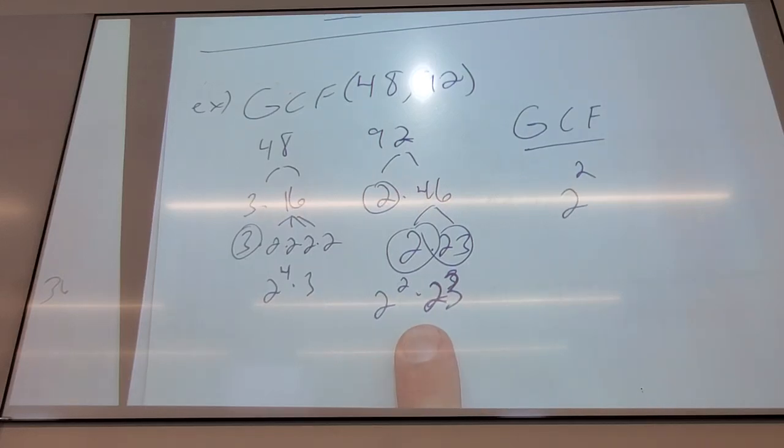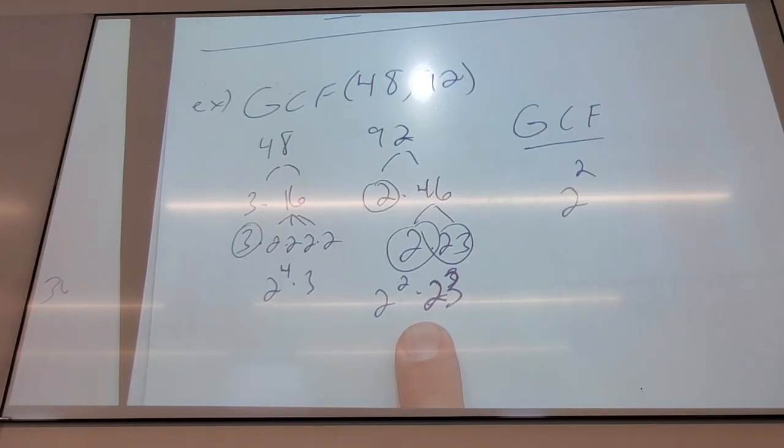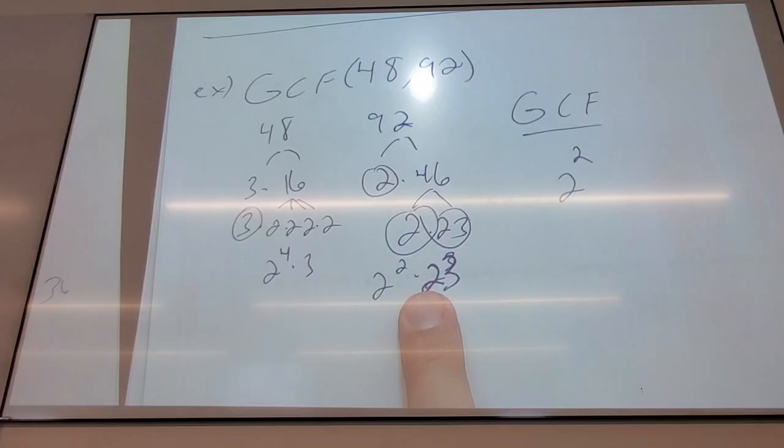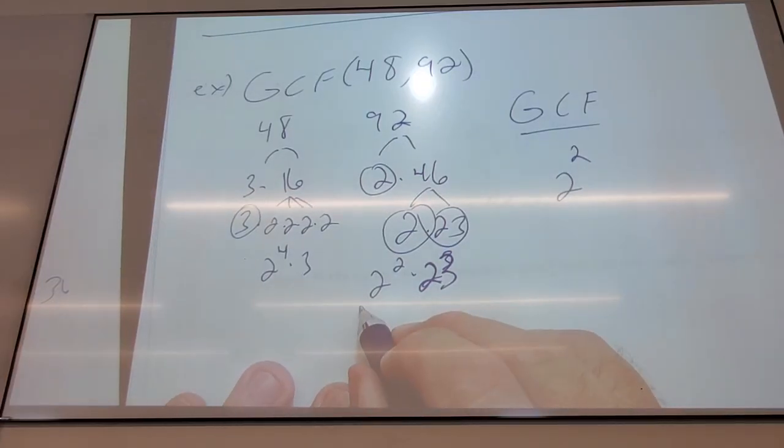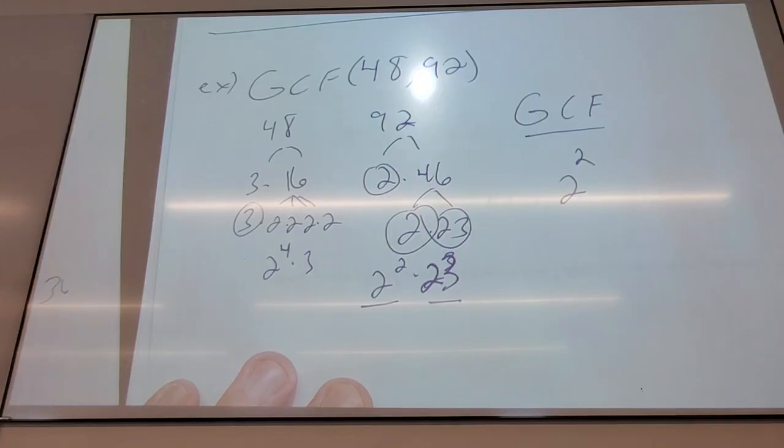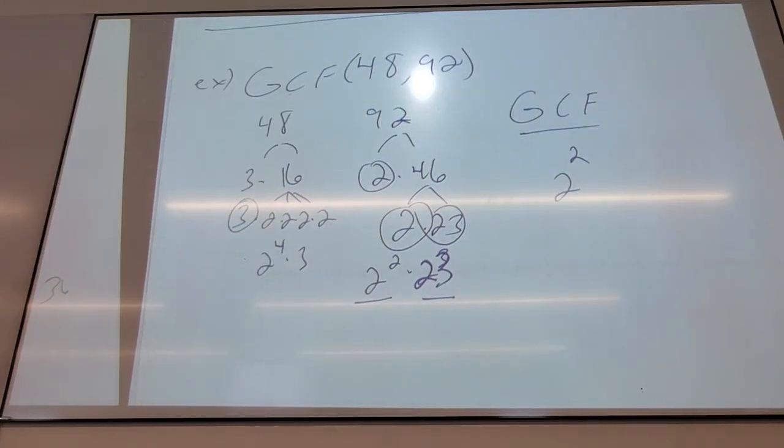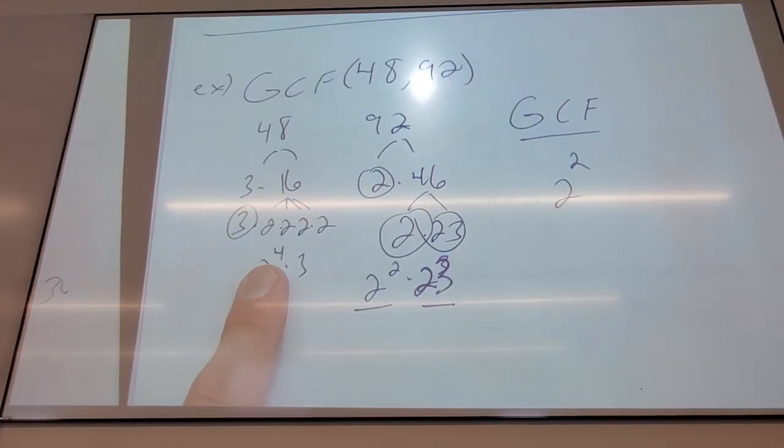How many 3s does this guy have? How many 3s does this guy have? This guy has 2s and a 23, correct? So how many 3s does he have? None. That literally means 3 to the 0. No 3s. And what is 3 to the 0? Is 1, right? So it's got no 3s.